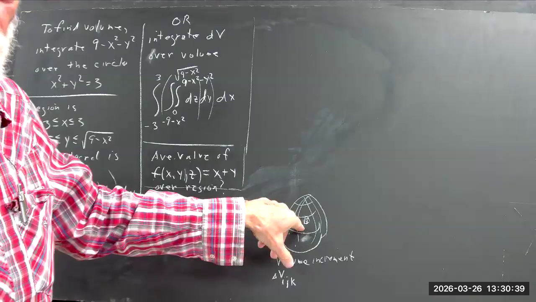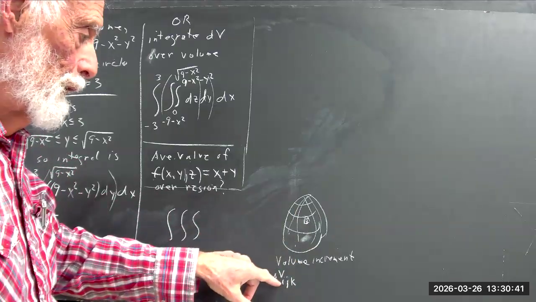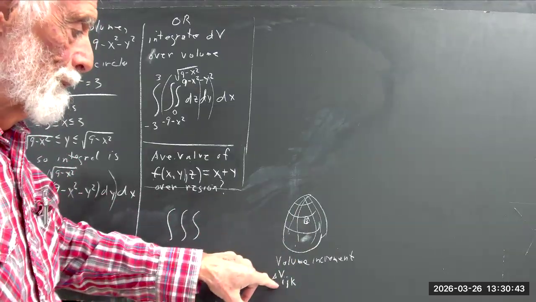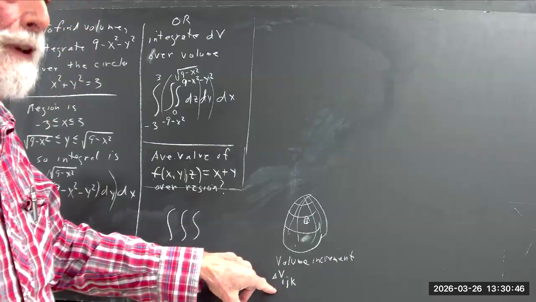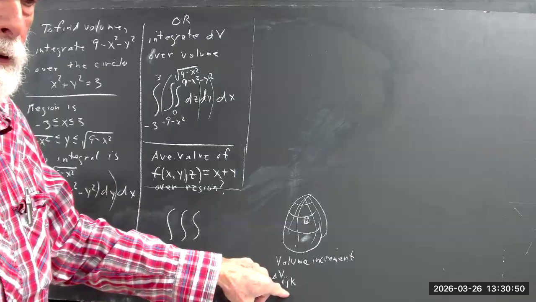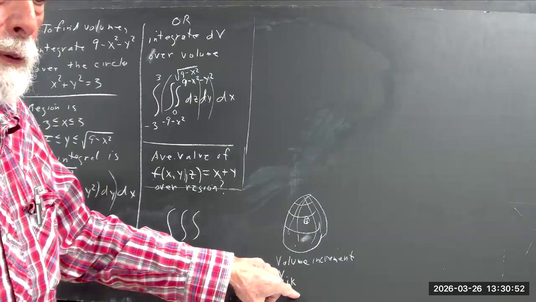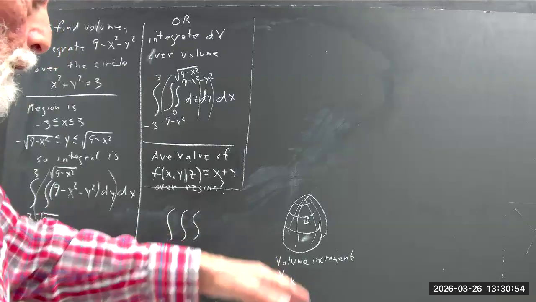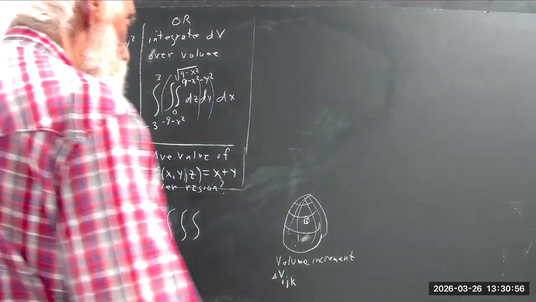You've got a bunch of little boxes, and the typical one is V sub ijk. You partition the x interval using subscript i, the y interval with subscript j, the z interval with subscript k. So you have delta V ijk.